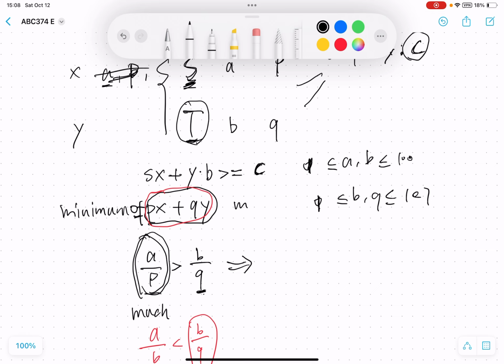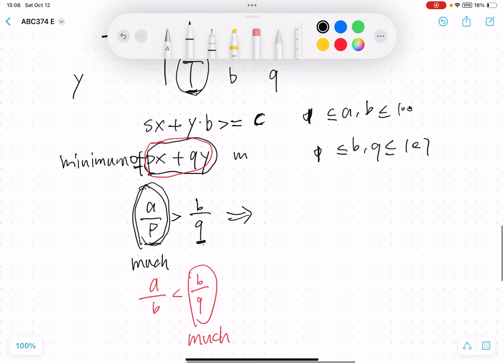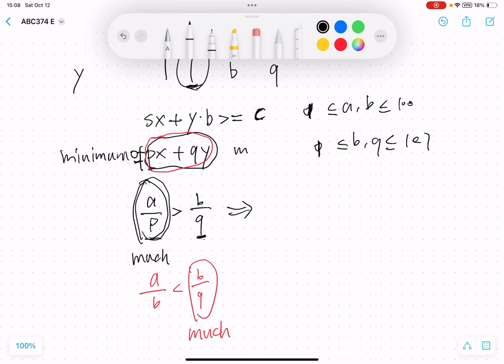That means we don't need to produce that much. For example, let's take the example.